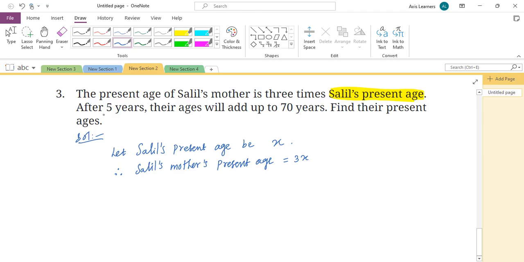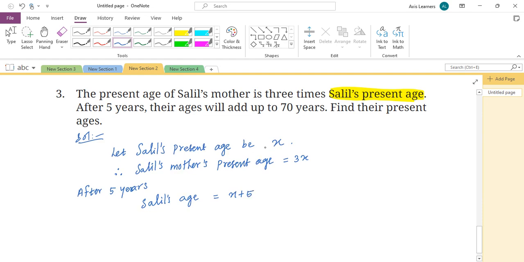Okay, after 5 years, so we need to write the age of Salil and his mother after 5 years. Okay, and after 5 years, Salil's age is equal to, after 5 years, so 5 years, hence x plus 5.